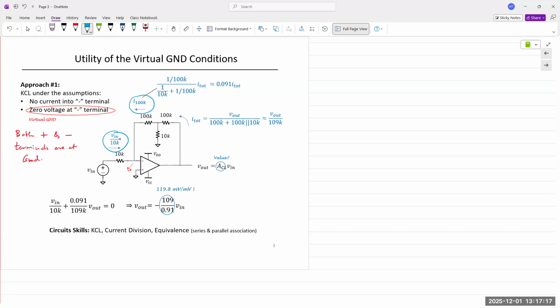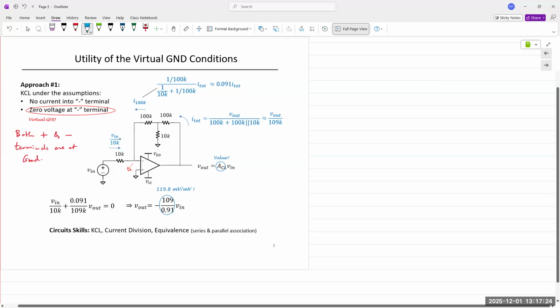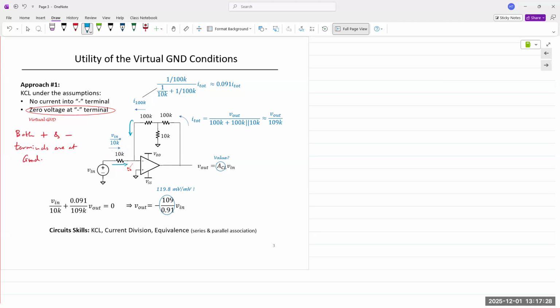Right now, don't worry about that, I'll go over that in just a few minutes, but just think of these two currents coming in and going into the negative terminal. So if you apply KCL at that terminal, so let's say this is the negative or inverting terminal.